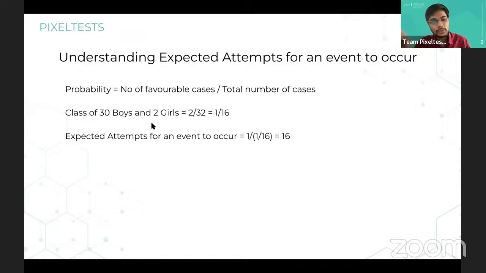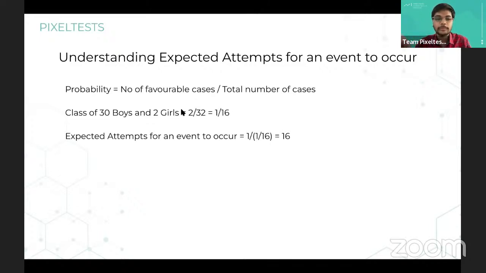So what are the chances of the name being out of these 2 people, which is less than 2, right? So out of these 2 people it is also going to be 1 by 16. So similarly, the chance of the name being out of less than 5 people is going to be 5 by 32, right? So similarly, we are also going to assume in our probability of hash a number like this, like 2 or 5. We are going to call it t. T being the threshold. Here what we are saying is the threshold is 2.